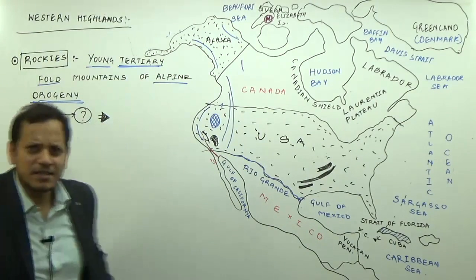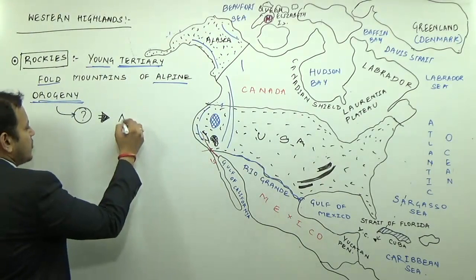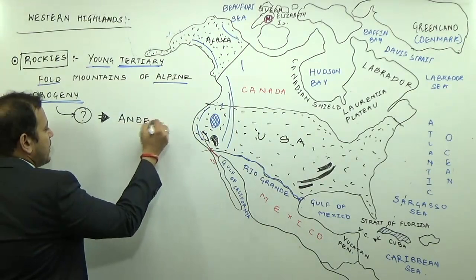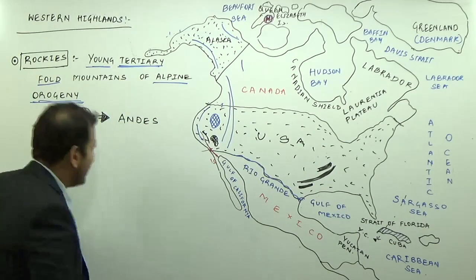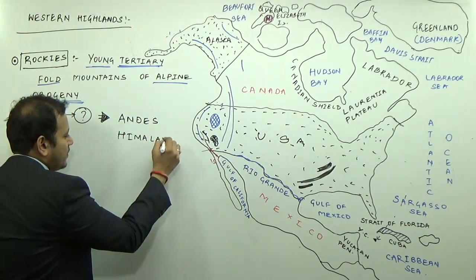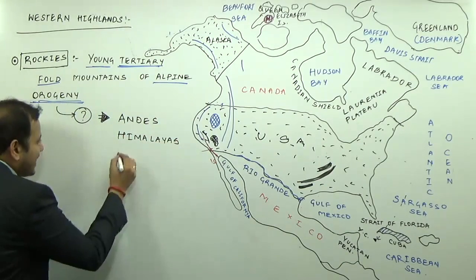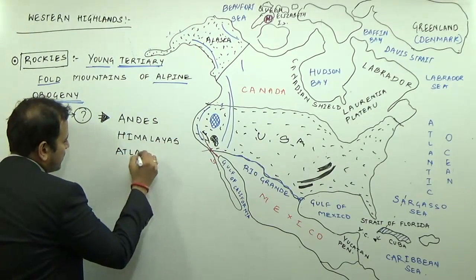We have done this, that the other mountains of the alpine origin are Andes of South America, Himalayas of Asia, and Atlas mountain systems.